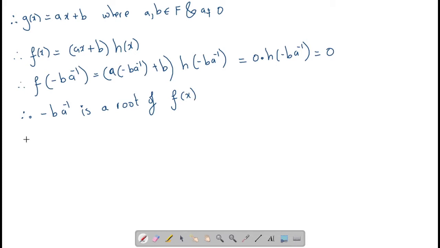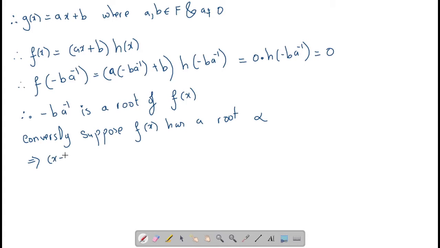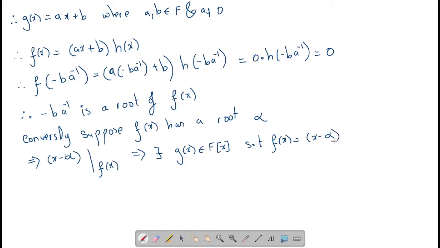Now conversely, let us assume that f(x) has a root alpha. This means that x minus alpha divides f(x), which tells us that there exists g(x) in F[x] such that f(x) is equal to (x minus alpha) times g(x).